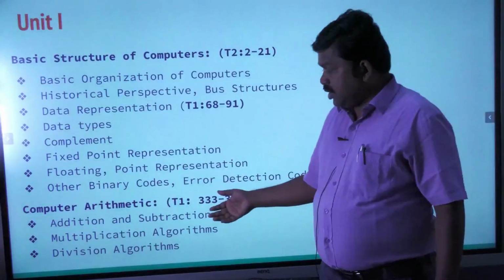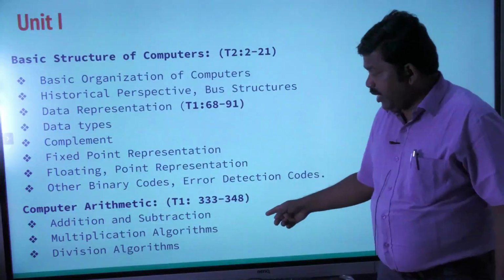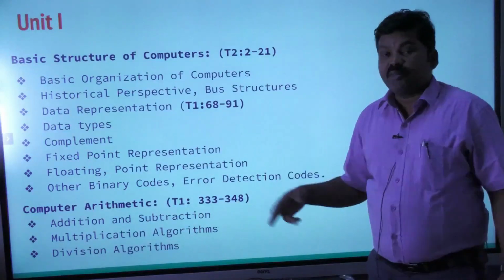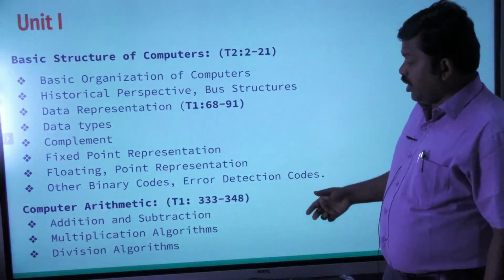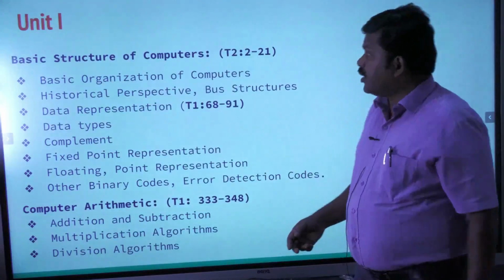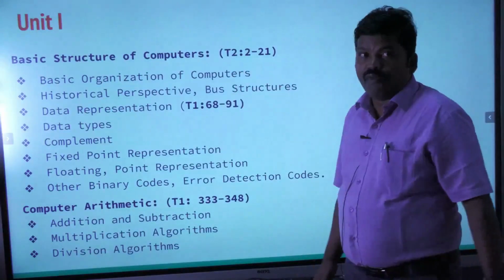In the second part, the logic used for addition and subtraction, multiplication, various multiplication algorithms, various multiplier design circuits, and various design algorithms for division. So this is the complete overview of unit 1.